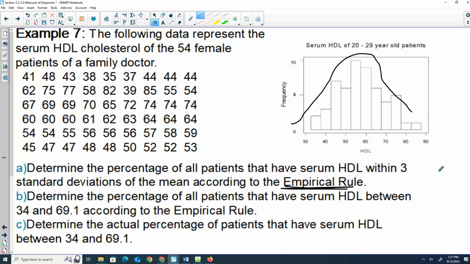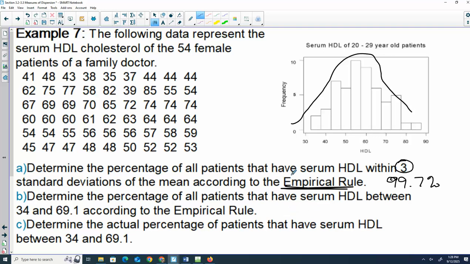Yes. Is it perfect? No. So are my real percentages going to match the empirical rule perfectly? No. How many should be within 3 standard deviations? Should be 99.7%. That's what I would expect. Determine the actual percentage.